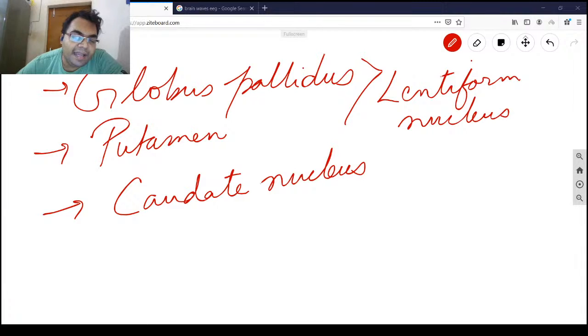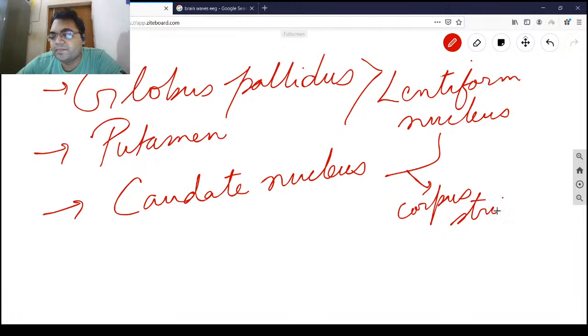Then you can call the lentiform nucleus and caudate nucleus together the corpus striatum.